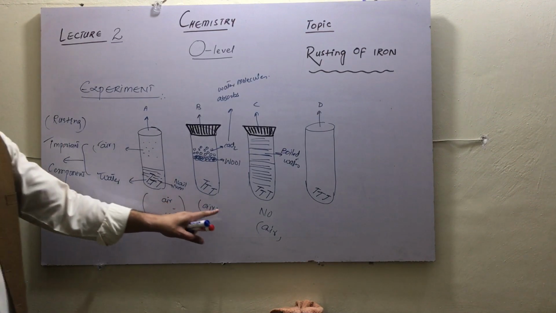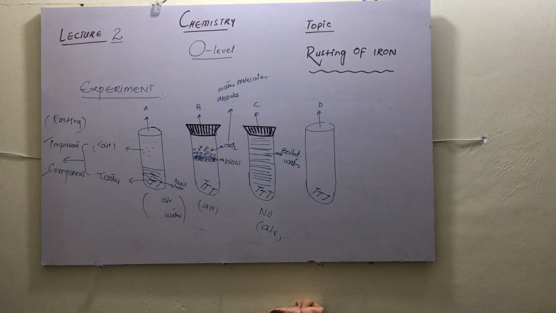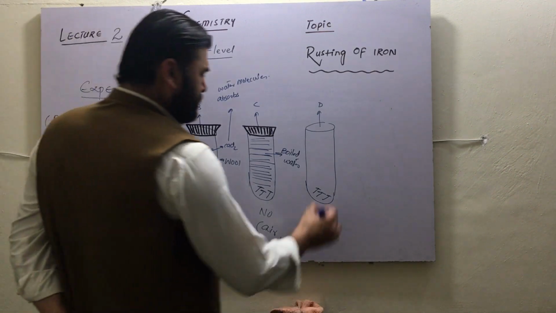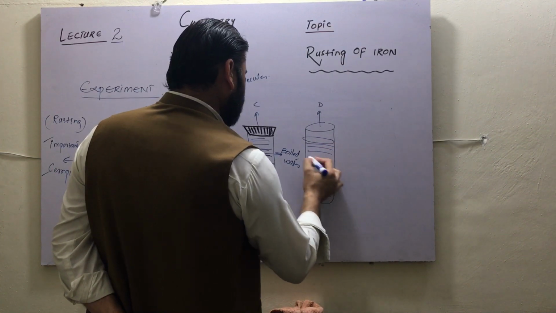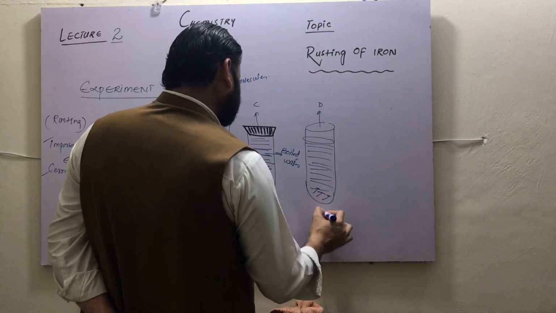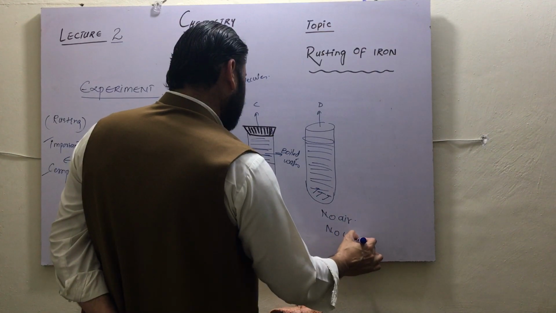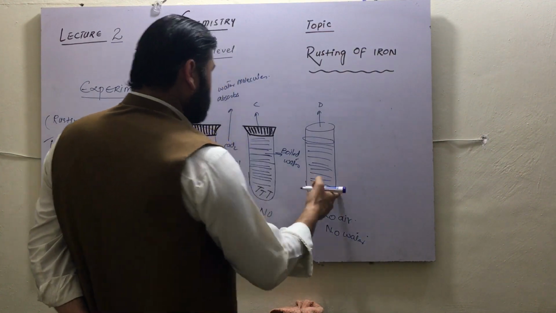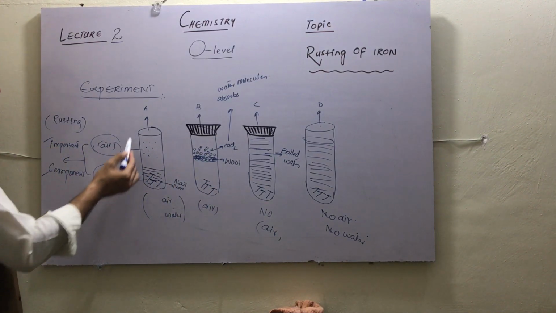In the last one there is no air and no water. Here oil is present, an oily surface. No air, no water, so no rusting, because whenever air and water are present, of course there will be rusting.